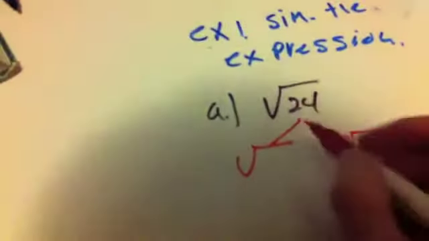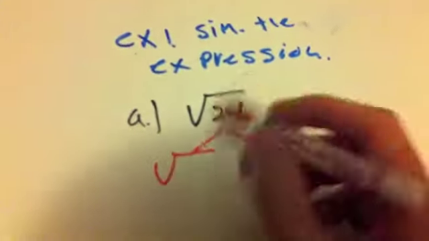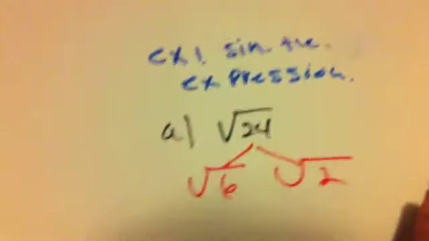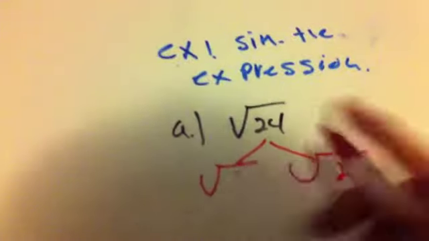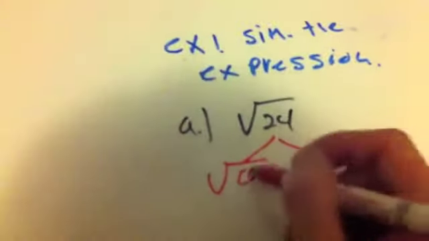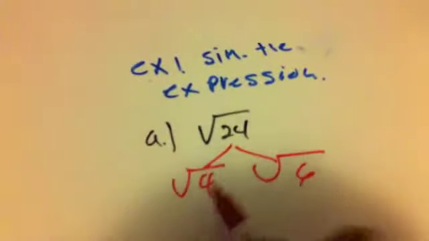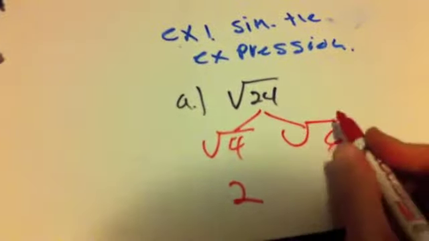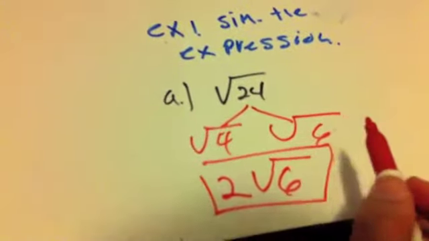So, what makes 24? 4 and 6 makes 24. And 4 is a perfect square because the square root of 4 is 2. The square root of 6 cannot be simplified, so your answer is 2 radical 6.